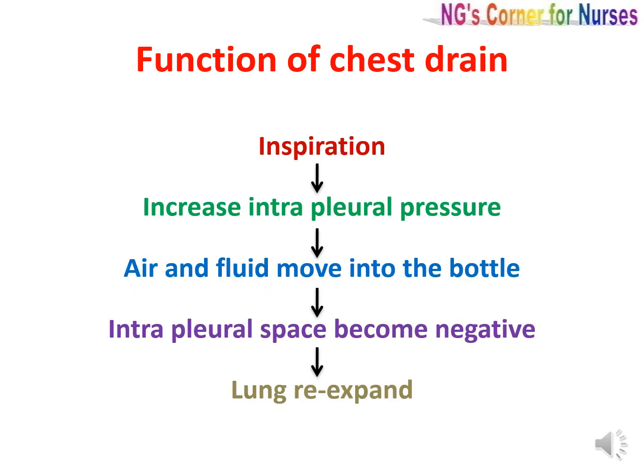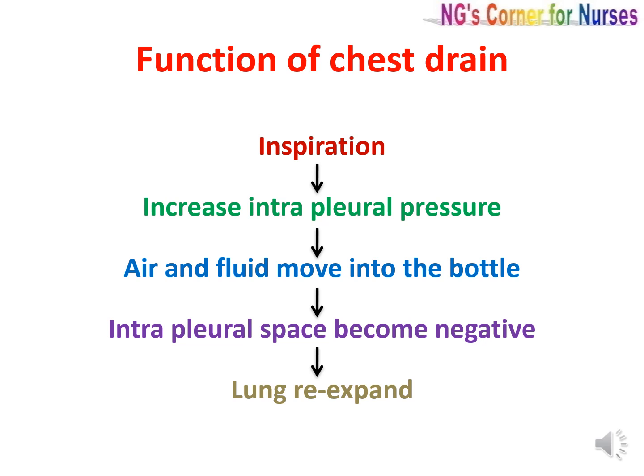Let's discuss the function of chest drain. After the insertion of chest tube, following inspiration, there is increasing intrapleural pressure. As we discussed before, the normal intrapleural pressure is negative. If air or fluid enters the pleural space, then the intrapleural pressure becomes positive.